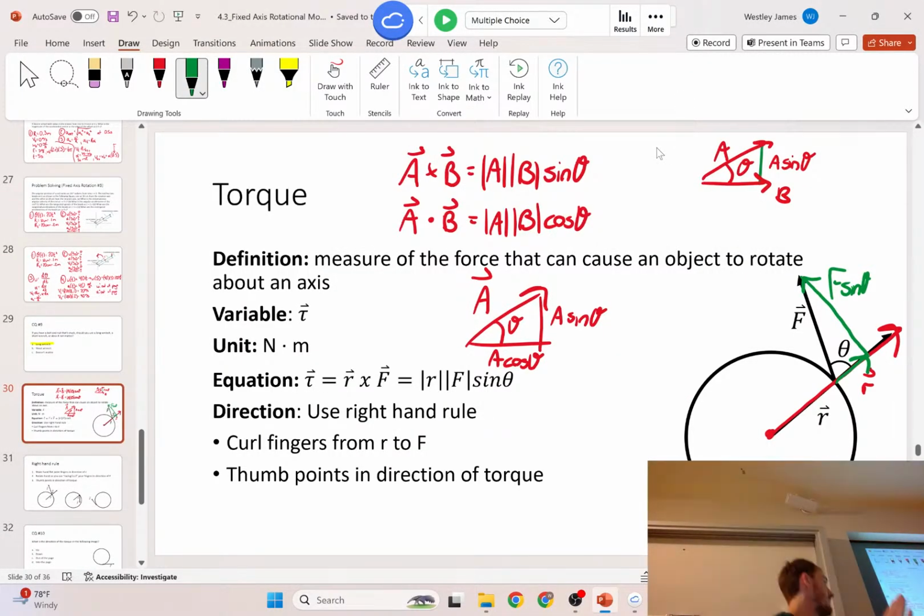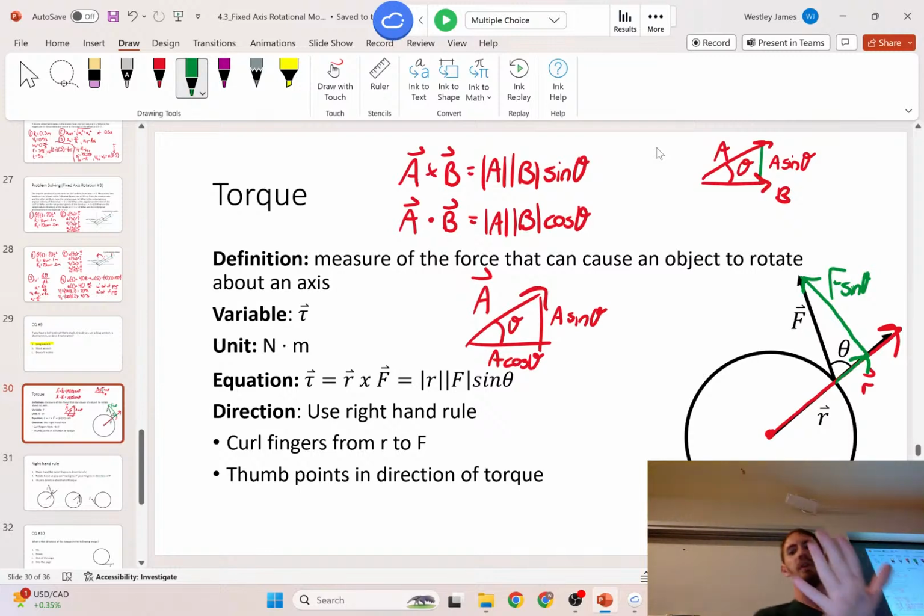So, torque. If you want the direction of torque, really straightforward. Point your fingers in the direction of R, and then put your hand so you can swing your fingers towards F. Your fingers cannot swing backwards very easily, so that means it's the wrong direction. This way, I also can't swing my fingers towards F. So you line them up with R, and rotate your hand so your fingers can swing in the direction of F, and your thumb points in the direction of the torque.